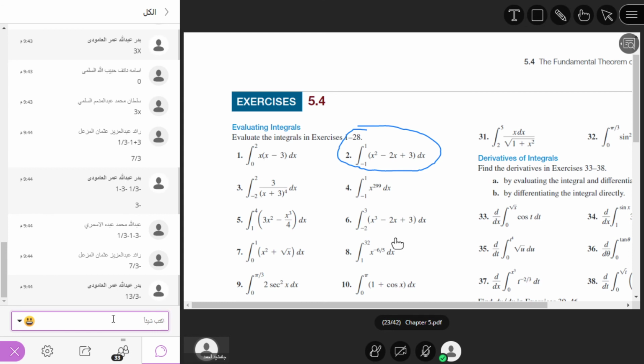So minus 12 minus 1 is equal to minus 13. I think minus 13 divided by 3.